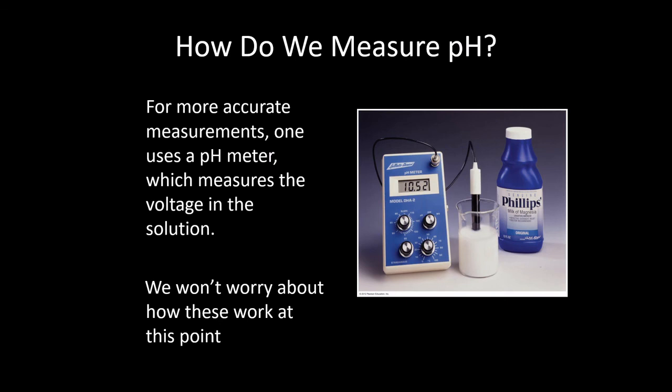I'm actually not sure how it does that, so if you ask me, I won't be able to give you an answer. But feel free to look that up if you're curious. But that is how a pH meter works. It actually measures the conductivity due to hydronium and just gives it to you on a screen. And that is by far the easiest and most accurate way to measure the pH. And so when possible, we use pH meters.